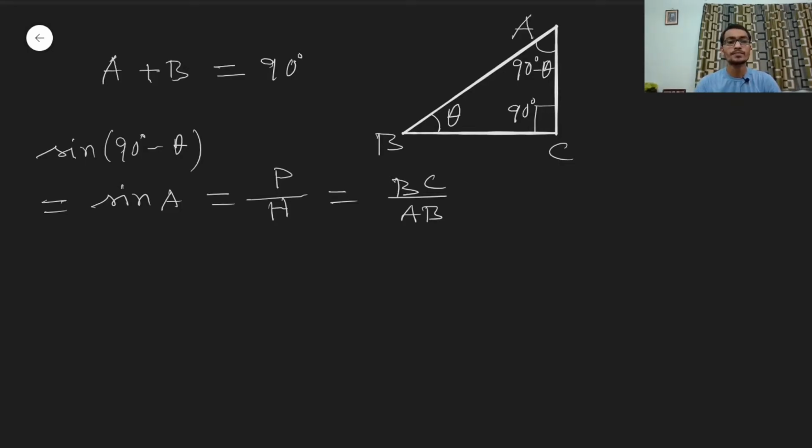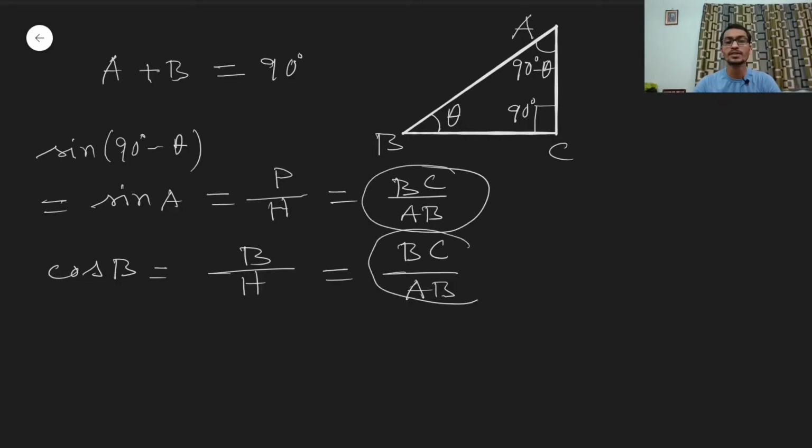Now let us see what is cos B. By definition, it is base by hypotenuse, and the base with respect to the angle B will be clearly BC. So BC by AB. So you may find the same thing.